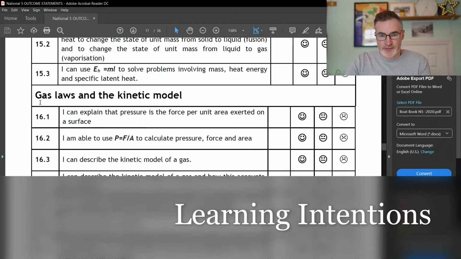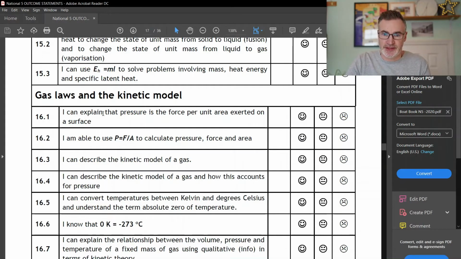Let's look at the learning intentions, and then we'll carry on. Here we have gas laws in the kinetic model, 16.1 and 16.2, and that's saying I can explain that pressure is the force per unit area exerted on a surface, and I'm able to use the formula P = F/A to calculate pressure, force and area.